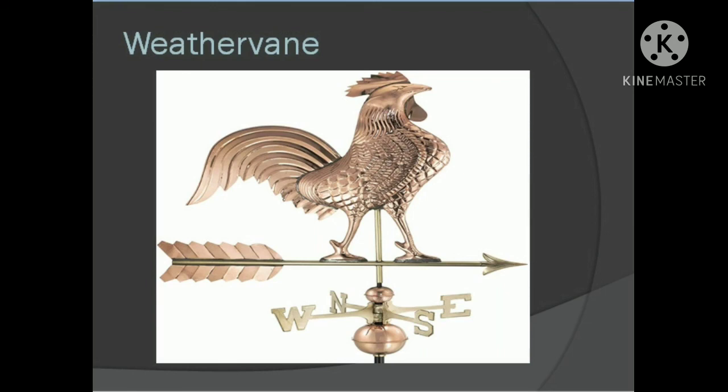When the wind is sufficiently strong, the arrow aligns itself such that its tip points towards the direction of the wind. Four directions, north, south, east and west, are marked on the wind vane. For obtaining accurate direction, the wind vane is mounted high above the ground so that it is free from obstacles such as tall trees and high buildings, and we can easily measure the wind direction accurately.